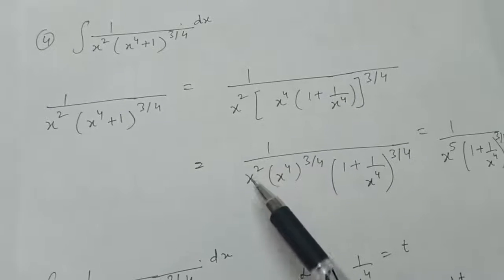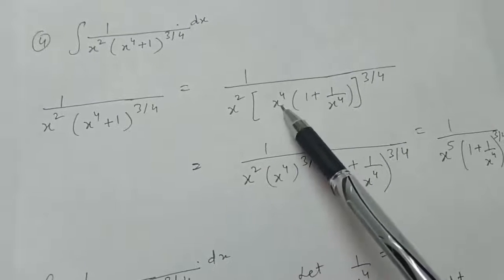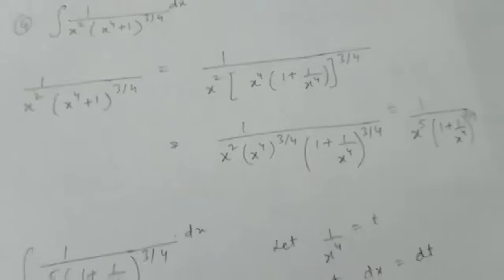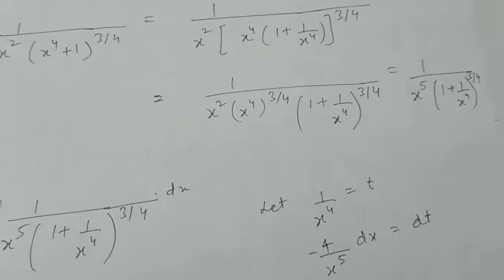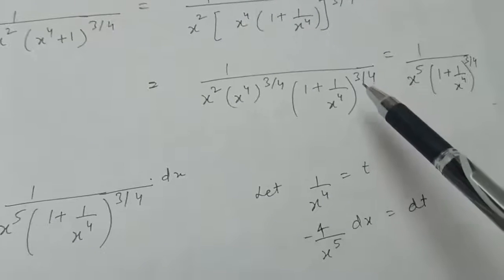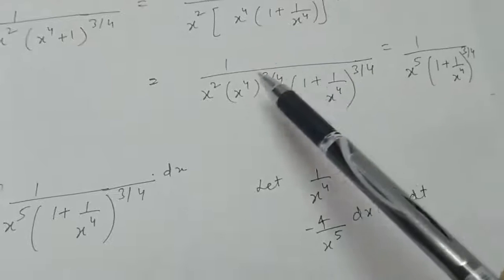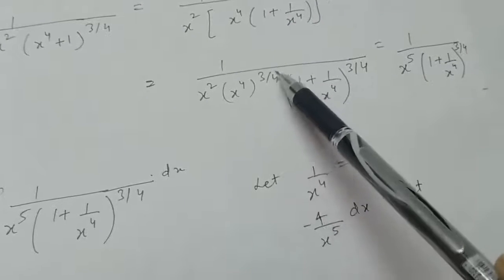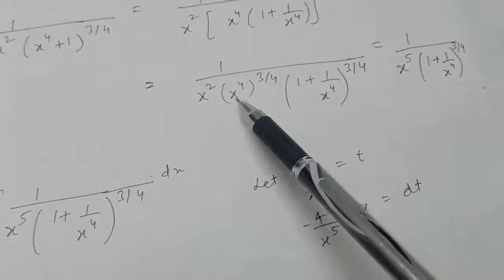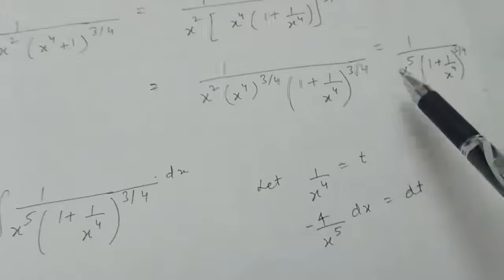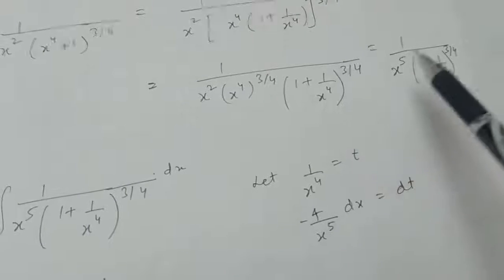Now this x square as it is, this will be x raised to the power 4 into 3 by 4, and 1 plus 1 upon x raised to the power 4 raised to the power 3 by 4. See why we have taken x raised to the power 4 common. Now this 4 will get cancelled, right? And you will get x cube, and x cube into x square is x raised to the power 5 into this term as it is.